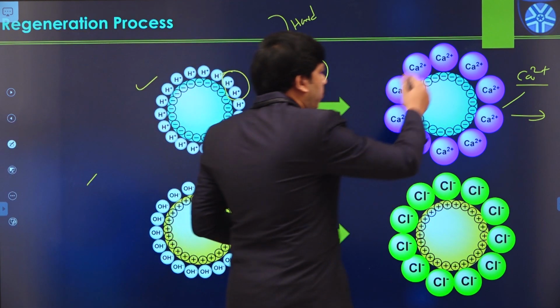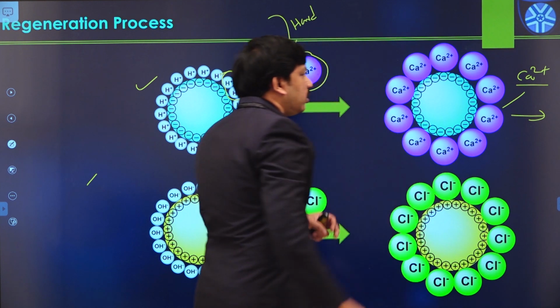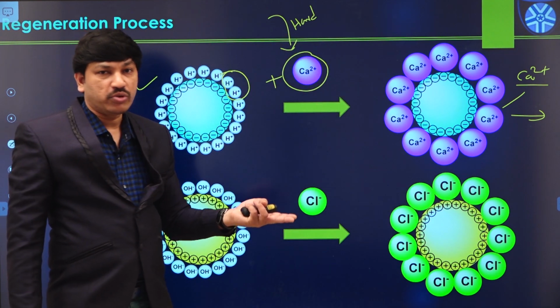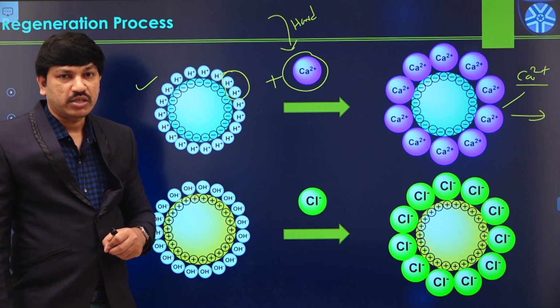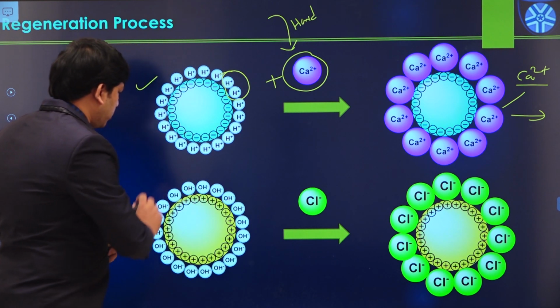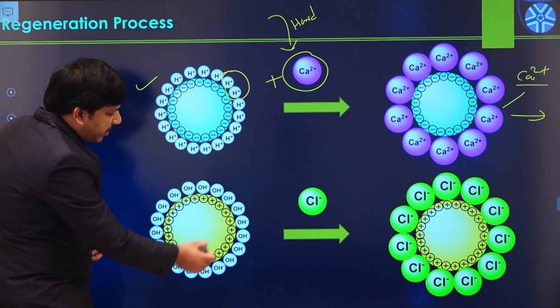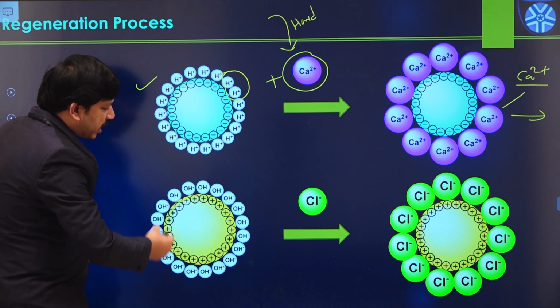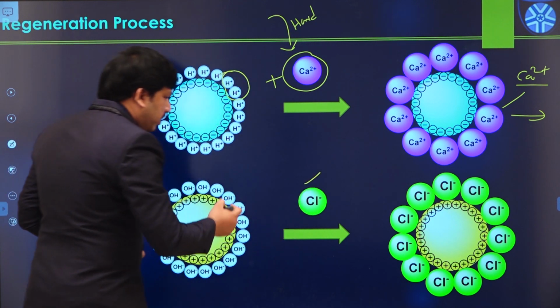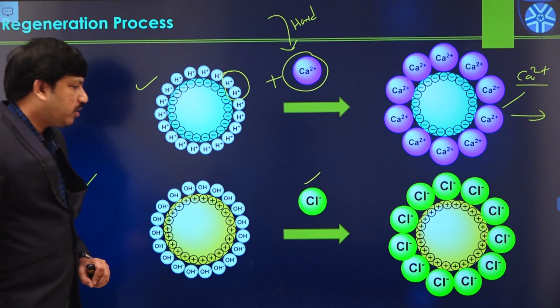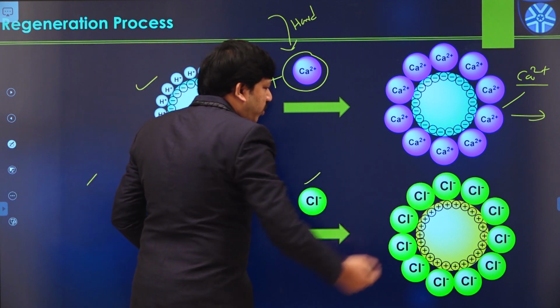So that means once this stage is reached, there is no further exchange process in this case. Similarly, in the second case also, this anion exchange resin has a replaceable OH minus, and depending on the charge on the anion, there is a release of corresponding OH minus ions.